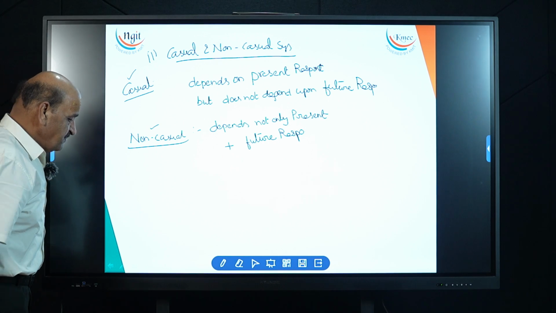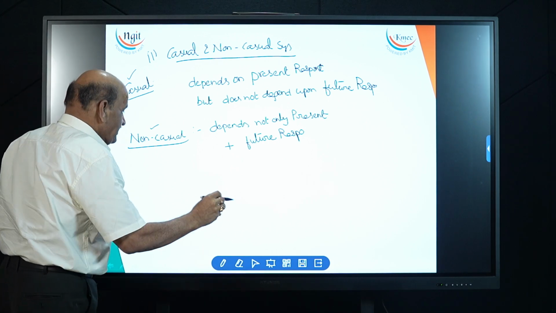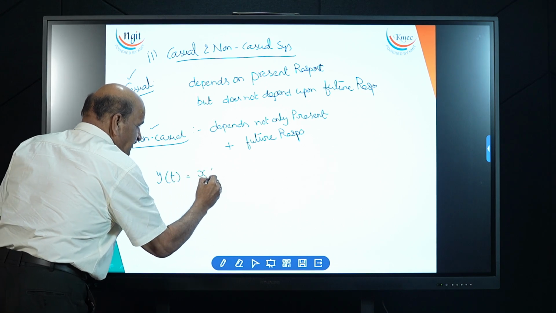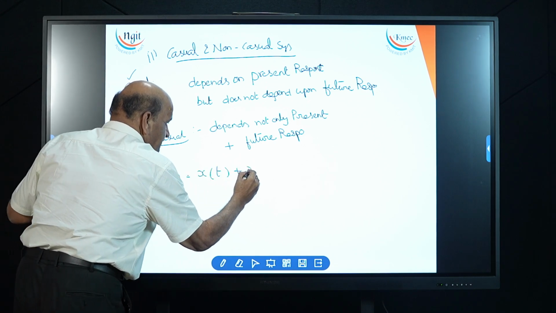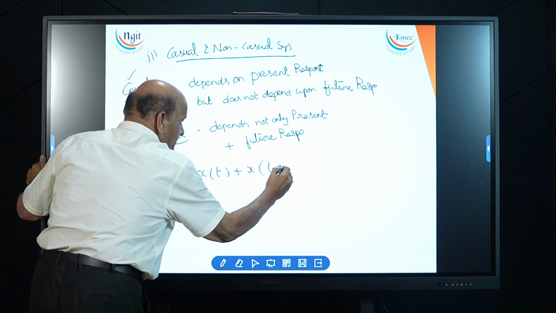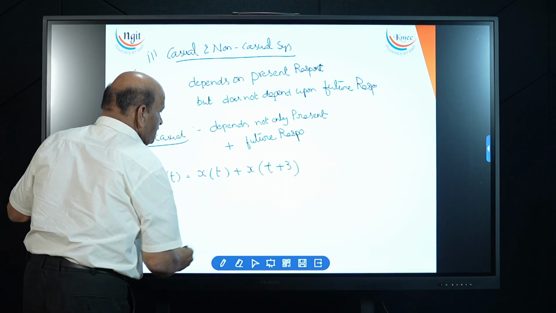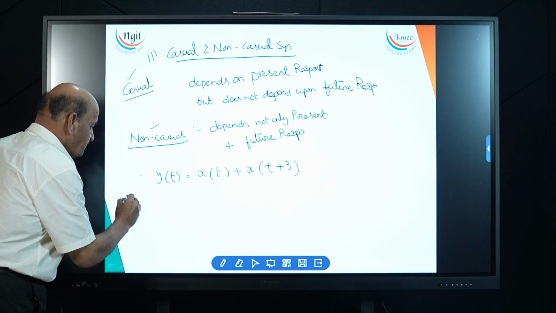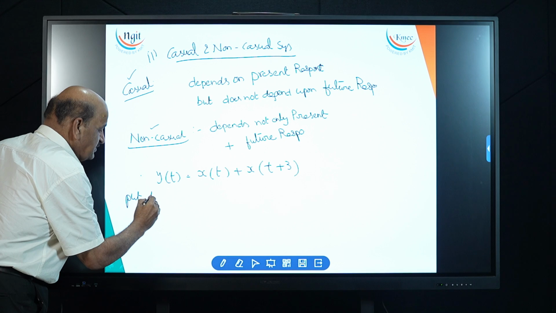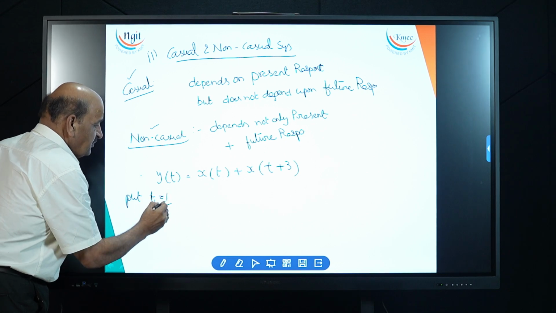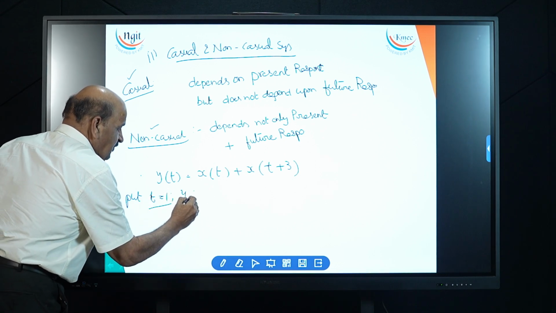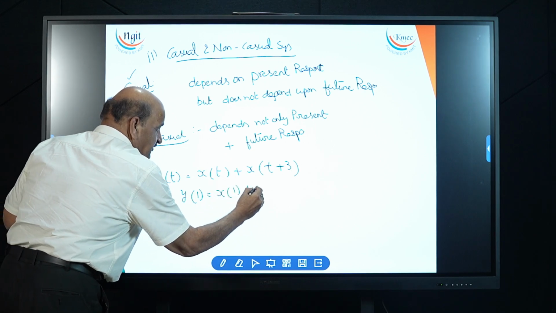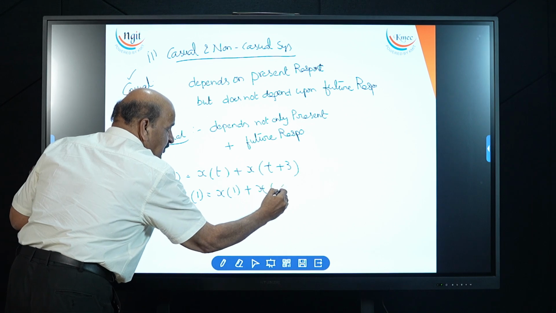So causal system, non-causal system. For example, look at y of t equal to x of t plus x of t plus 3. Put t equal to 1. In this case, y of 1 is equal to x of 1 plus x of 4.